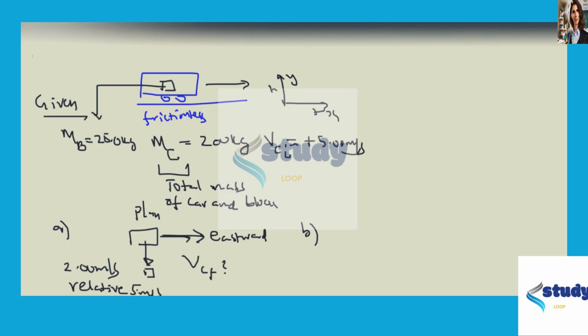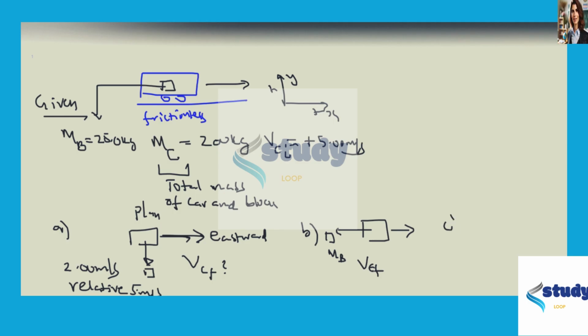And then in part B, we have a case where it's thrown backwards. So the mass MB, which is 25 kilograms, is thrown backwards as the car still moves eastward, and we want to find the final velocity of the car in this case also.